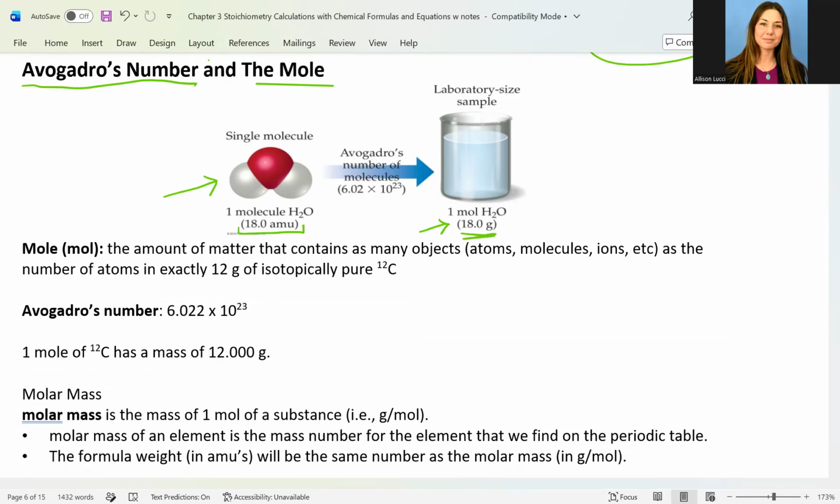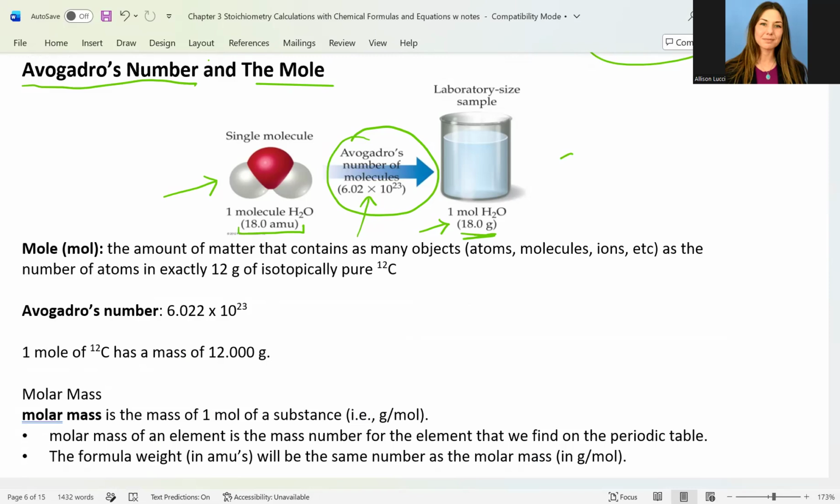But this quantity, 1 mole, is given by this conversion factor here, this number that we call Avogadro's number, of, we're going to see either molecules, ions, atoms. Whenever we talk about a mole of something, it will always be 6.022 times 10 to the 23rd of whatever we're talking about per 1 mole.